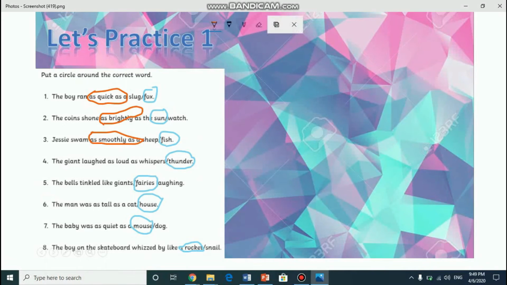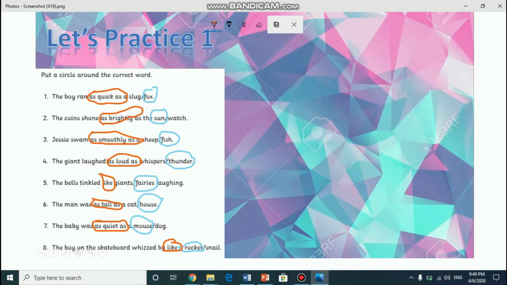I have 4 as loud as. Then I have 5 like. Then 6 I have as tall as. Then I have as quiet as. Last but not least, I have like. So you can see that I have a mixture of as and like in all of these similes.